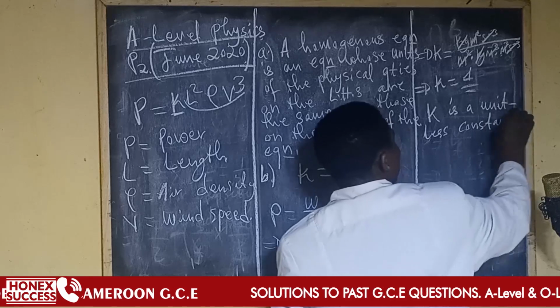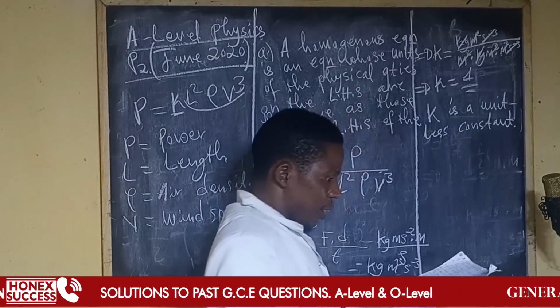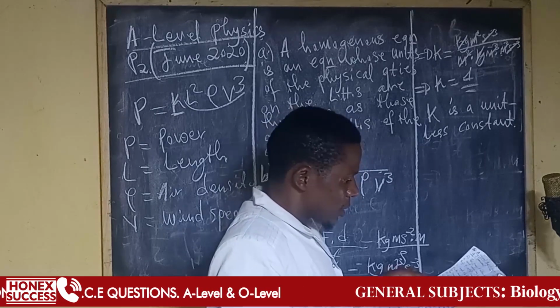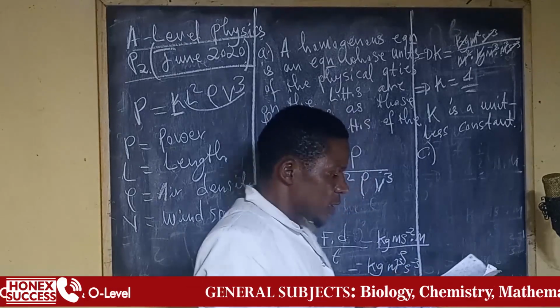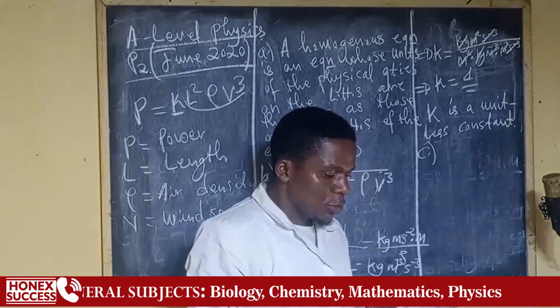Okay, right away we continue with the next question, question C. It says: state two shortcomings of using homogeneity to check the correctness of a physical equation.